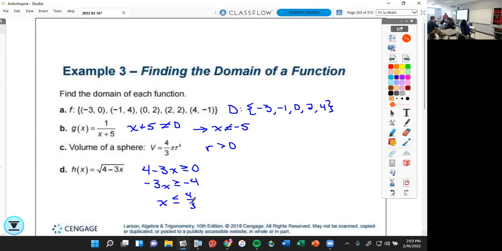So that would be negative infinity to 4/3 with the bracket.